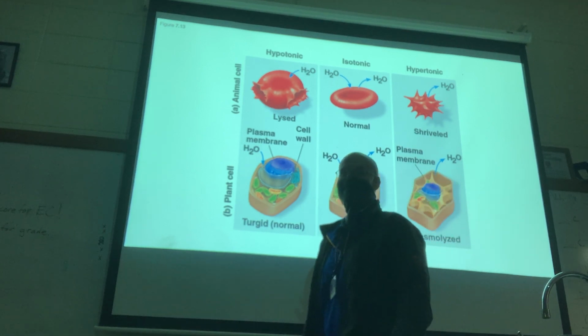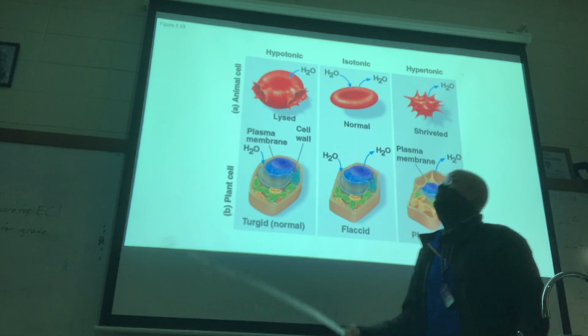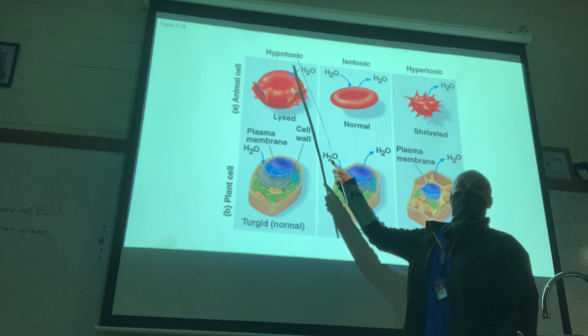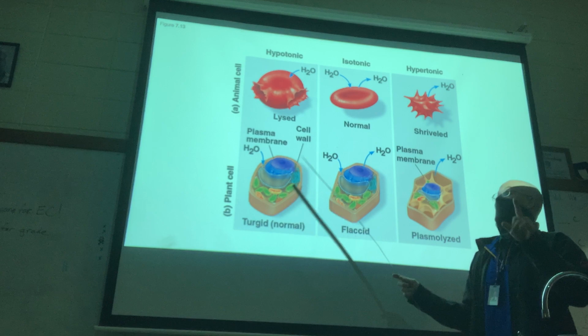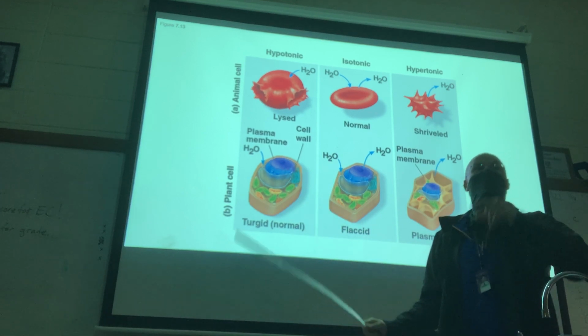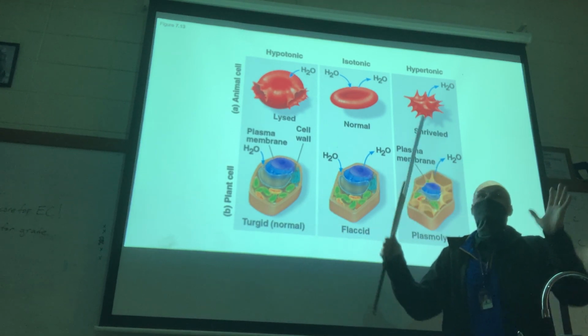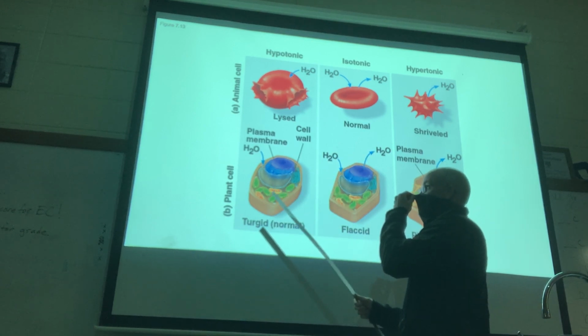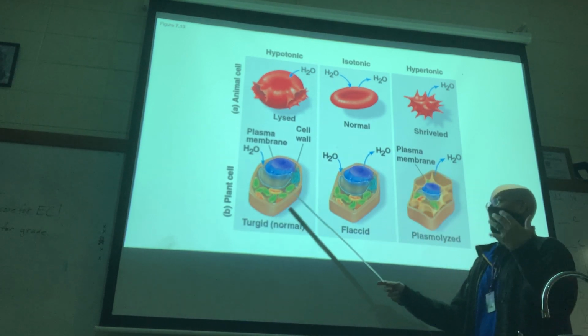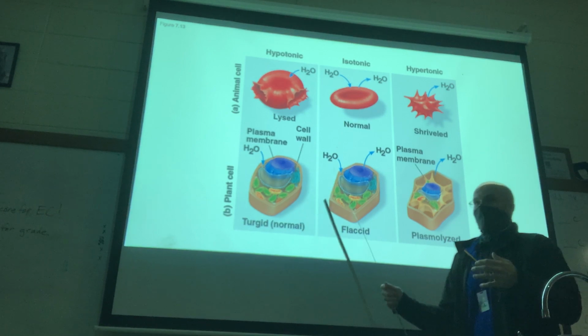Wait, sorry, can I go back to the hypotonic situation? So will a plant cell not burst? A plant cell has a cell wall that will at least help prevent it from bursting for a while. I don't know that a cell wall would ever break under that pressure.